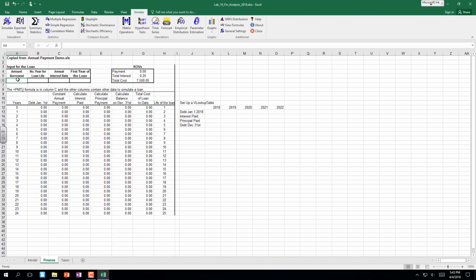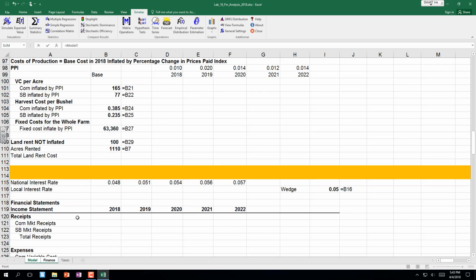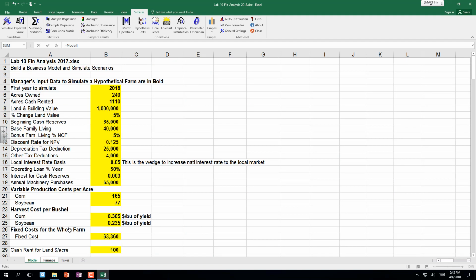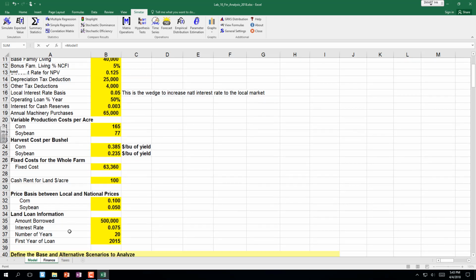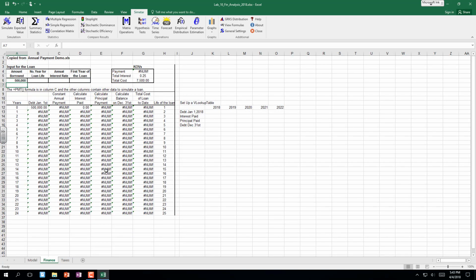So what we're going to do is click on this A6 and go ahead and say equal, and go back to our model. Up at the top, we have a loan that we have borrowed some money on. So that is going to be B35. That's the amount we borrowed.